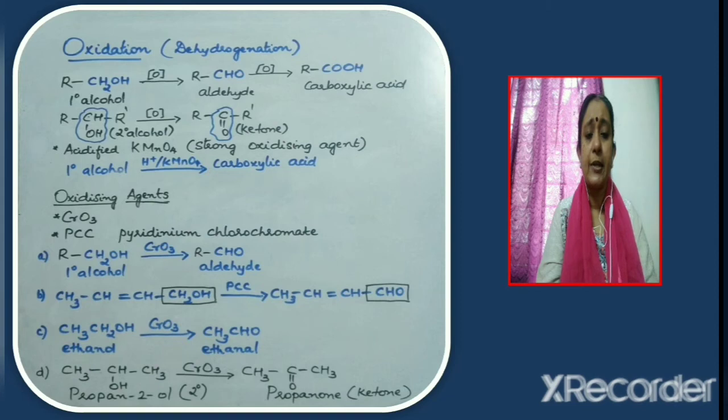This is a secondary alcohol. So when propan-2-ol is oxidized either using chromium trioxide or pyridinium chlorochromate, the product obtained will be a ketone, and the ketone obtained in this case is propanone, CH3COCH3. It is commonly called acetone.